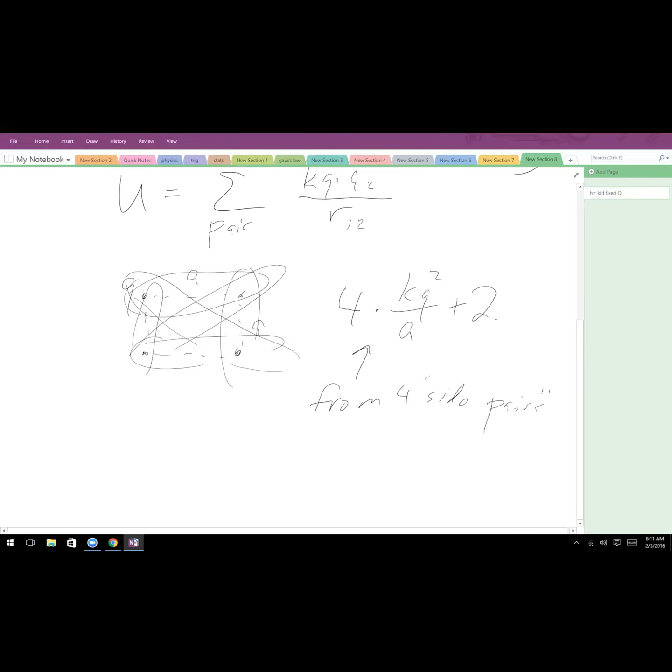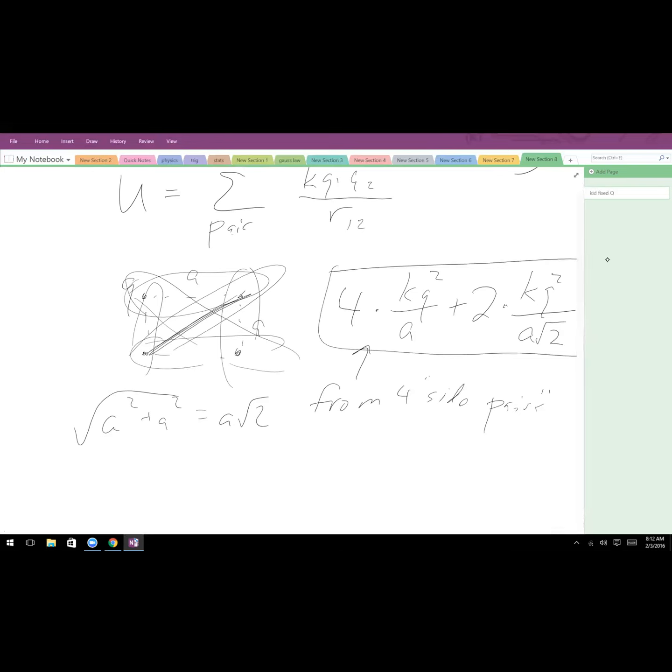And then I'll have 2 copies of the guy that's from the diagonal. So still KQ squared over how far apart are these 2 guys on the diagonal? If the side length is A, then what's the diagonal length? It's A times root 2, because you go A squared plus A squared and then take the square root of it. So you get A, but then square root 2. So A square root 2.